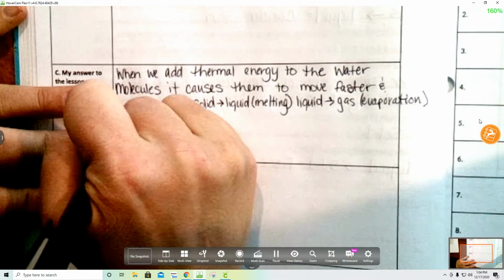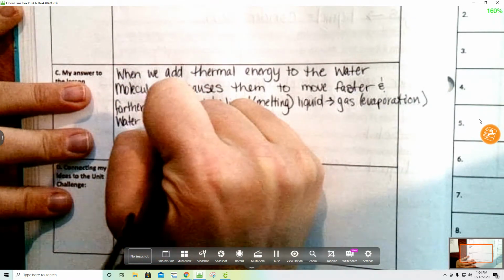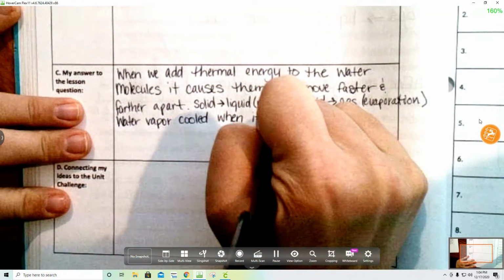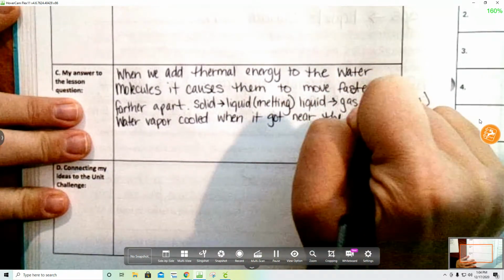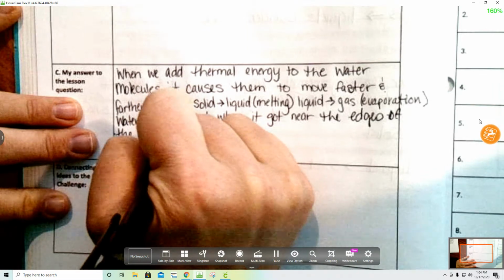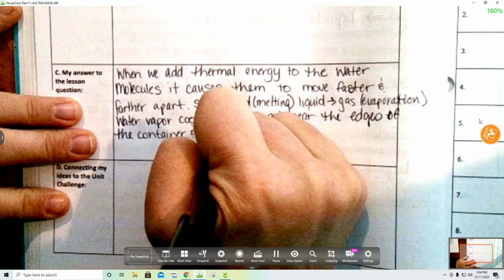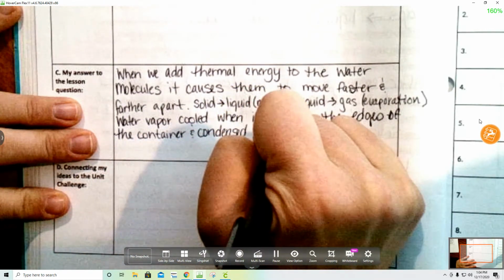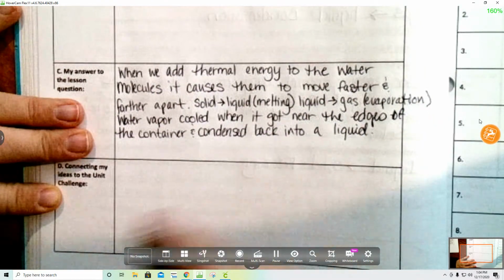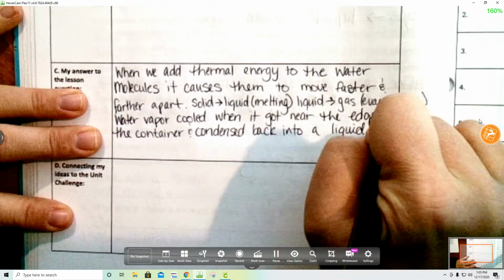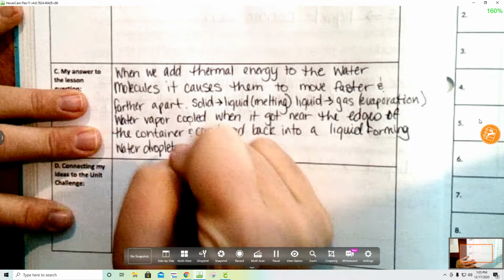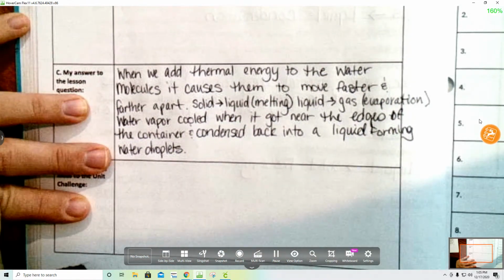So the water vapor cooled when it got near the edges of the container and condensed into a liquid, forming liquid water droplets on the bottle.